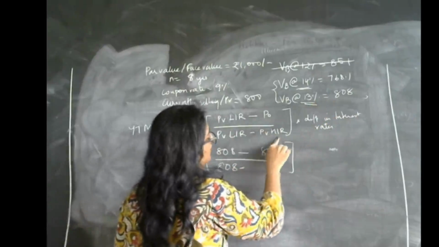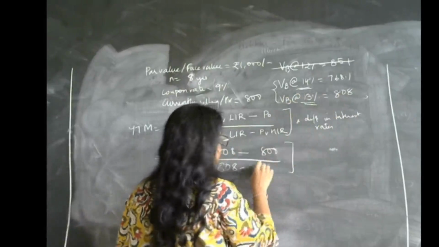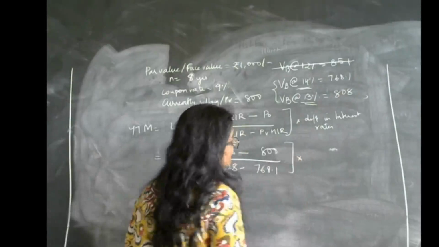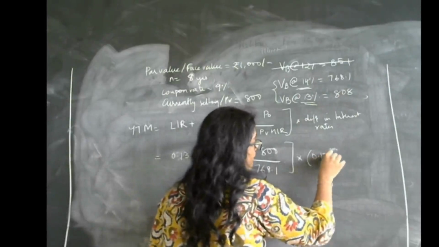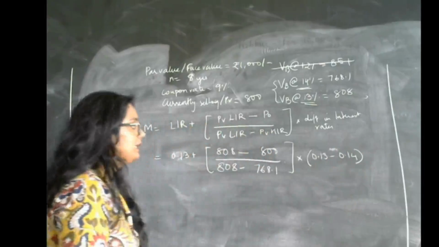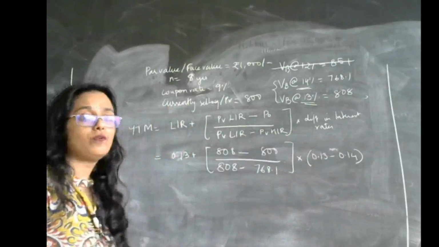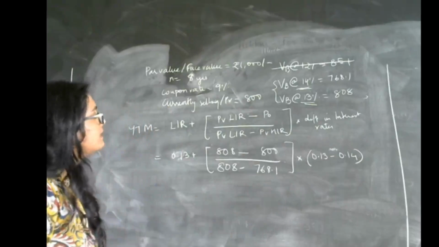And the present value at higher interest rate is how much? It is 768.1, multiplied by the difference. The difference in the interest rates is nothing but 0.13 minus 0.14. Whatever difference you get will be the difference in the interest rate, which will obviously be 1 only. So let us try to solve this ahead.